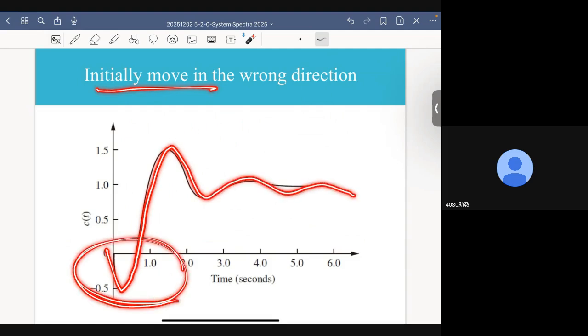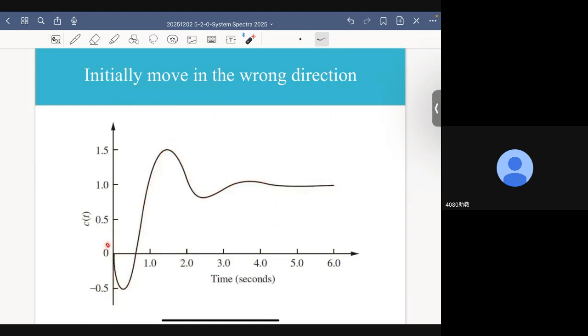And this can cause a lot of problems because, for example, what you want to do is to raise the temperature, but once you initialize your control system, the temperature in the beginning will actually go lower. And that's not something we want to see. Let's say you want to move your autonomous vehicle forward. If it is a non-minimum phase system, then that autonomous vehicle will actually move backwards first before going forward.